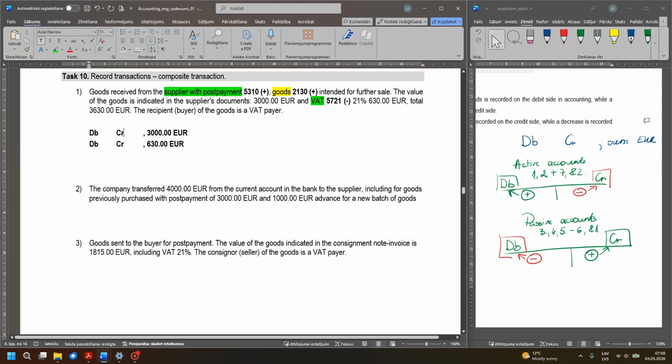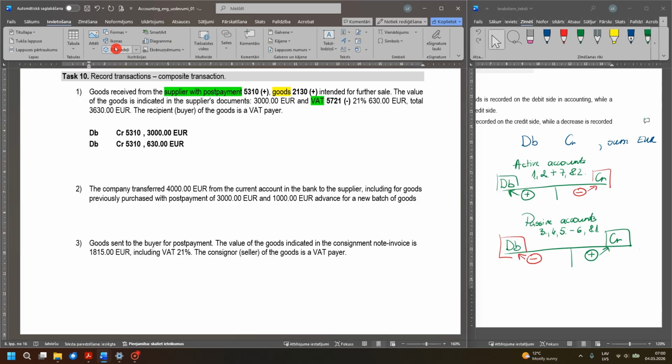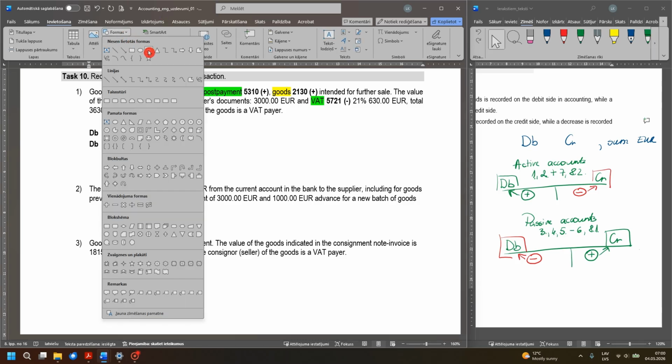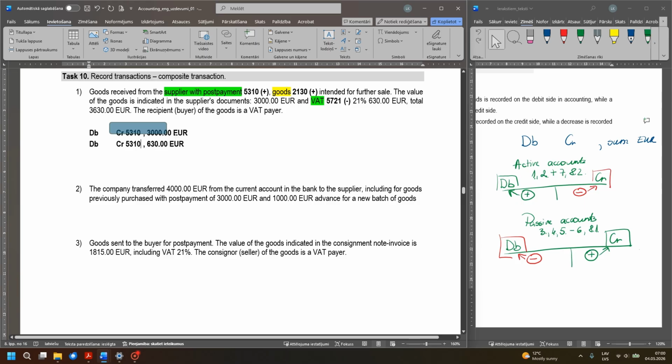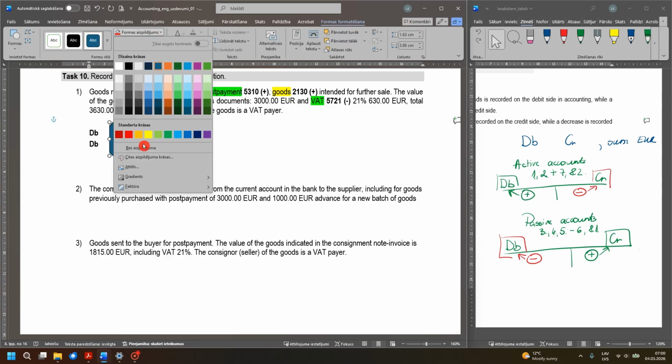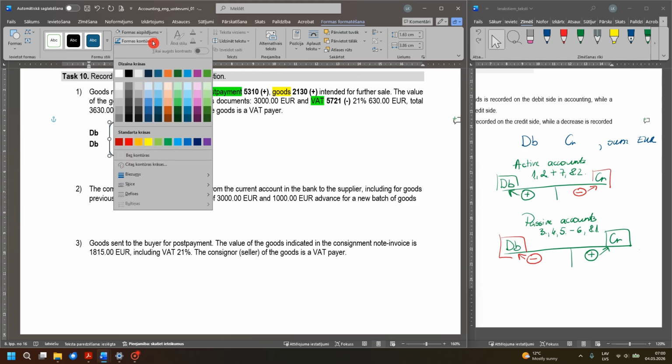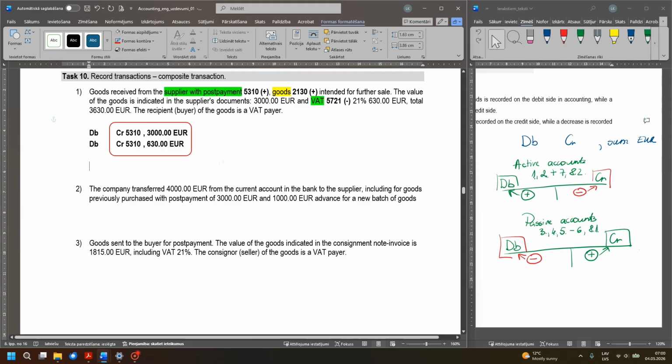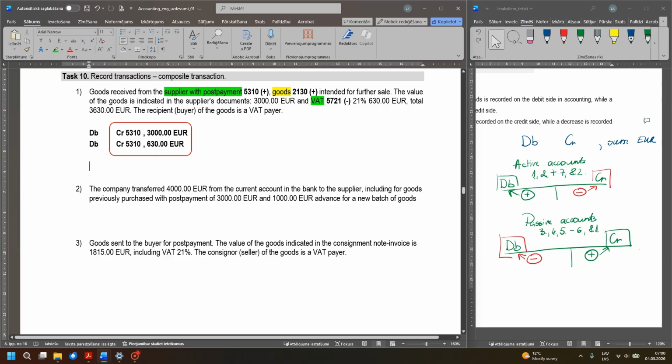So in this situation, I will put 5310 for both amounts. Why? Because in total I need to pay to my supplier 3,630. It counts together.